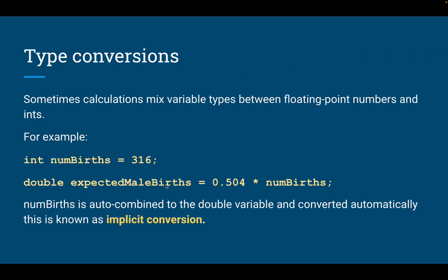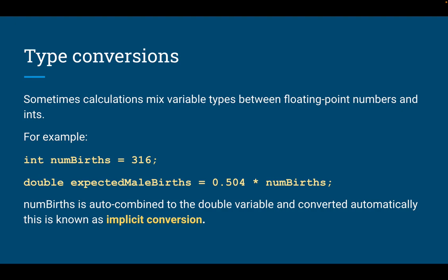All right, so type conversions. We have a variable called num of births. It's 316. And then we have this mathematical algorithm below it. It says double expected male births. We know double is a what type of variable?